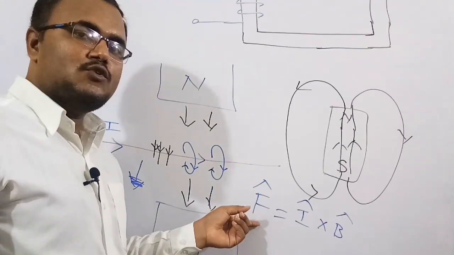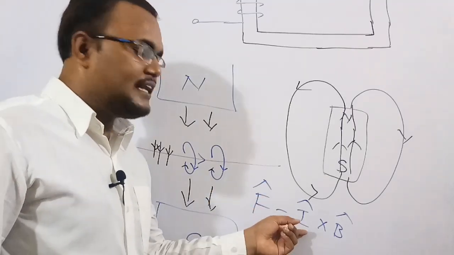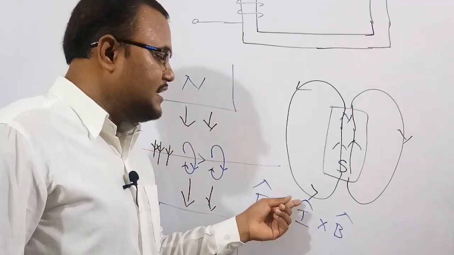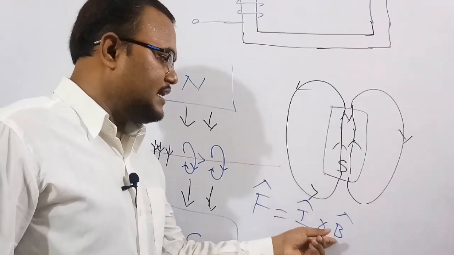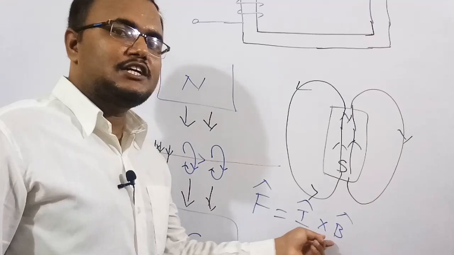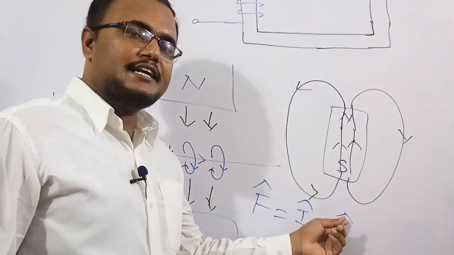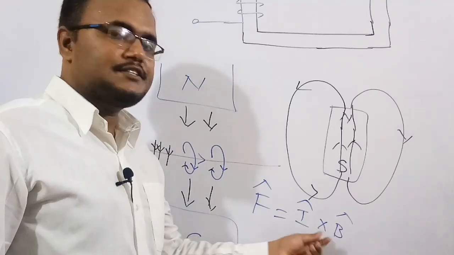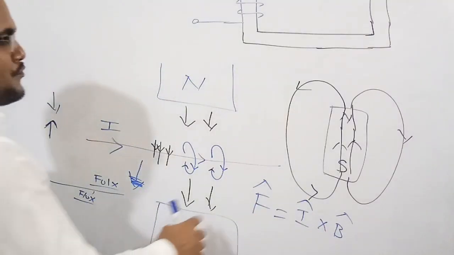F indicates the force on the conductor, with its direction, and I is the current in the conductor. The arrow mark above indicates a vector, and B means the magnetic field which is produced by the magnet, and its direction. Here it is a cross product.